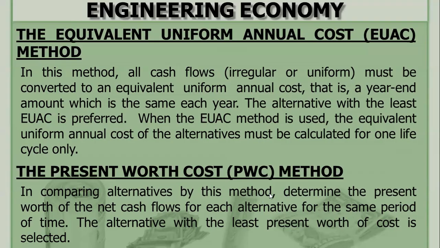While the other alternative having a life of 15, twice ka magbuhat o cash flow para ang life niya is 30. Dapat equal ang life niya. Same period of time. Okay? So, dapat same lang sila over life value. And the alternative with the least present worth of cost is selected.